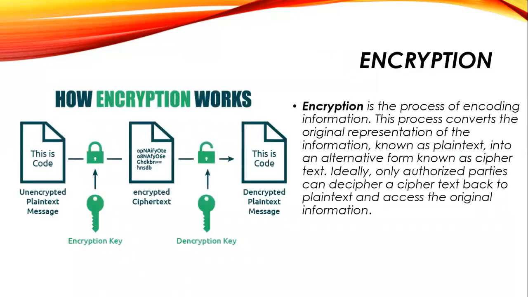So what does encryption mean? Encryption is the process of encoding information. Say you are saying hello to a third person. When this hello word comes to the encryption system, it will be turned into an unreadable format.